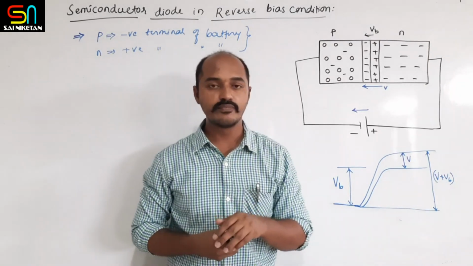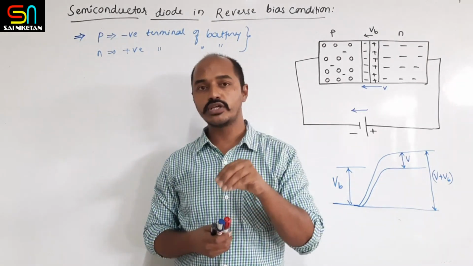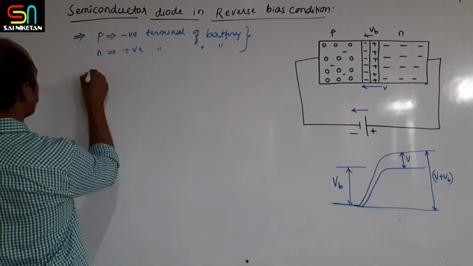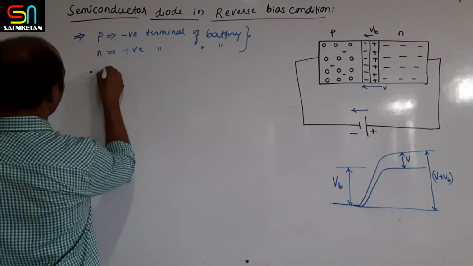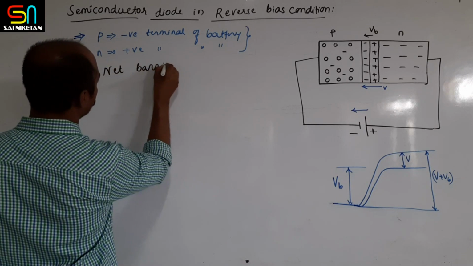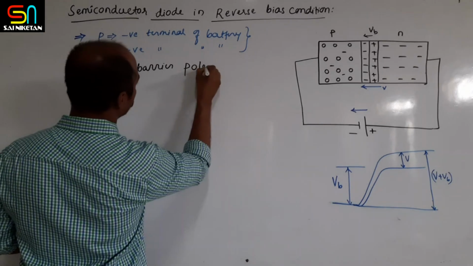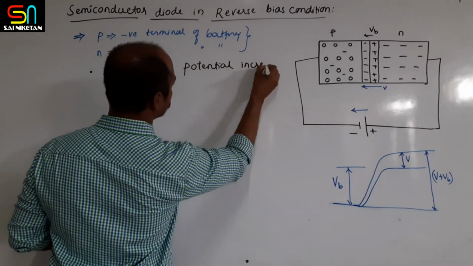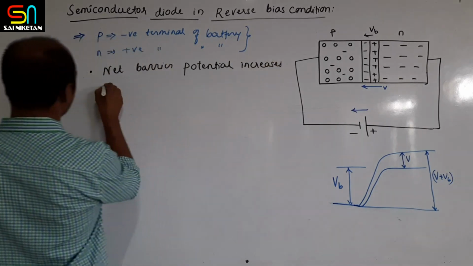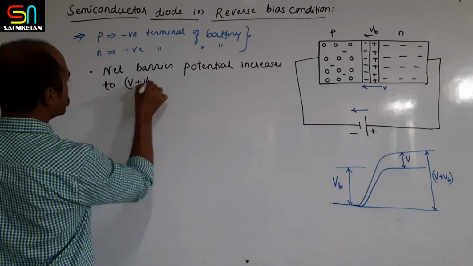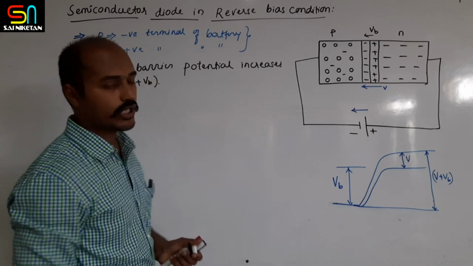Because of this reason, the resultant barrier potential increases. So the net barrier potential increases to V plus VB, the applied voltage plus the earlier barrier potential.